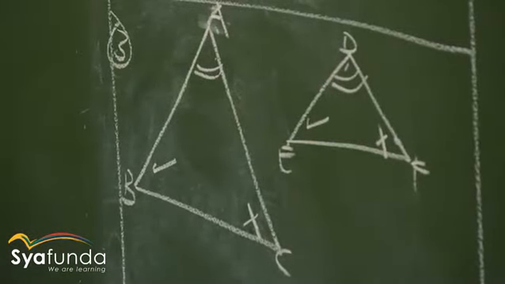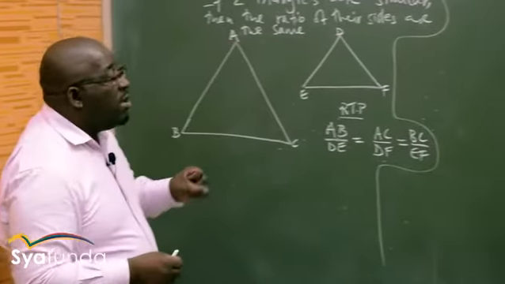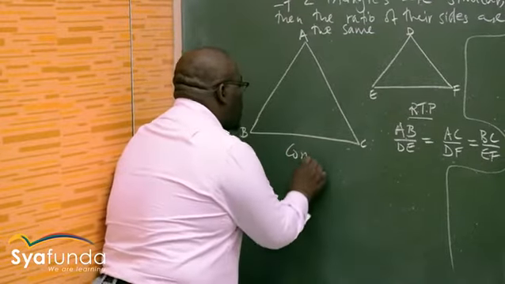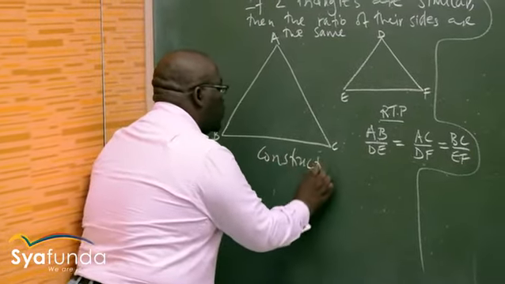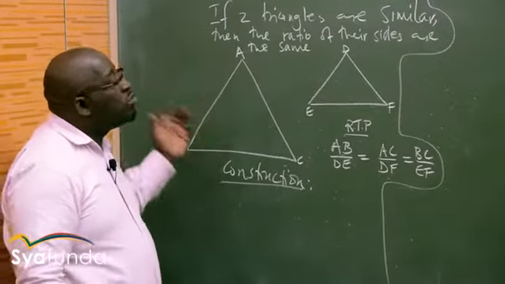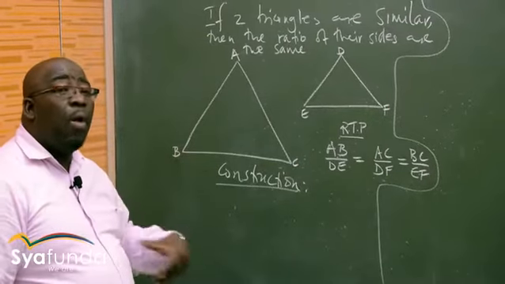Those corresponding angles must be the same, equiangular. Like in most theorems, when we prove them, we have a construction. Right, let's look at what we're given here. We're given two triangles that are similar. But while these two triangles are similar, what does that mean?